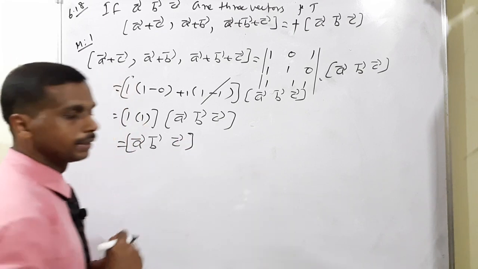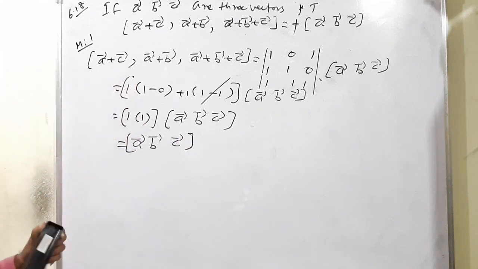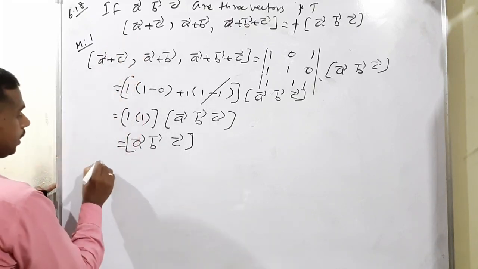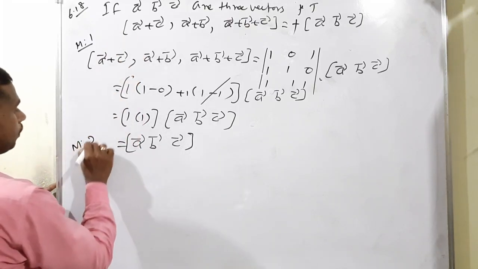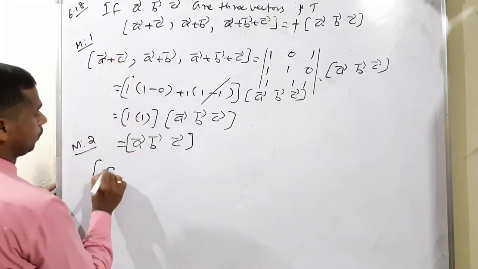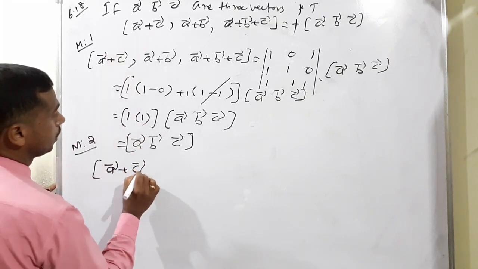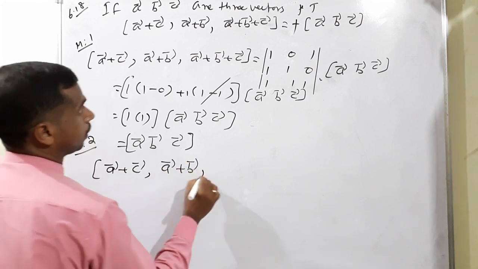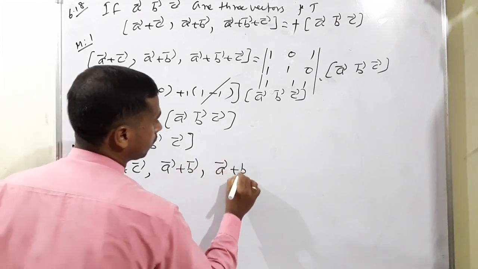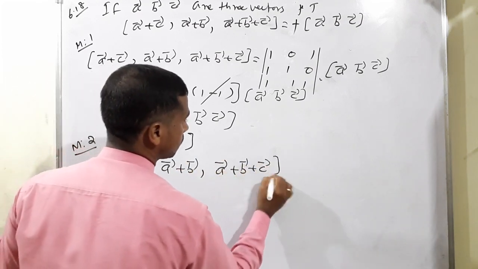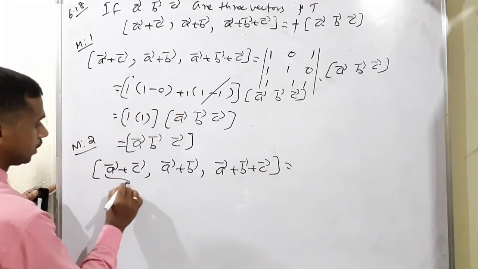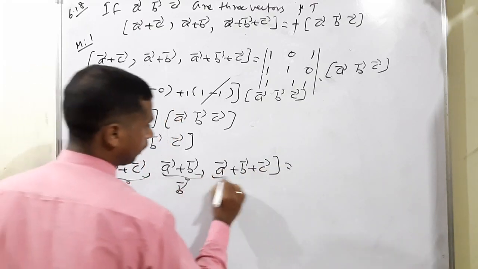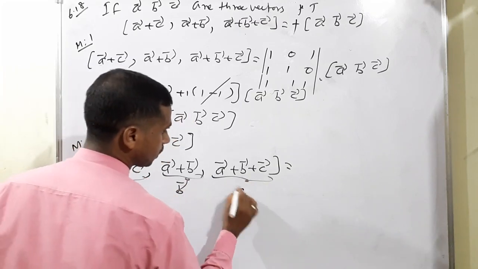Method number 2, like example 6.17. What have I done there? Method number 2: the box product of A vector plus C vector, comma, A vector plus B vector, comma, A vector plus B vector plus C vector. The first term is considered for A vector, the second term for B vector, the third term for C vector.